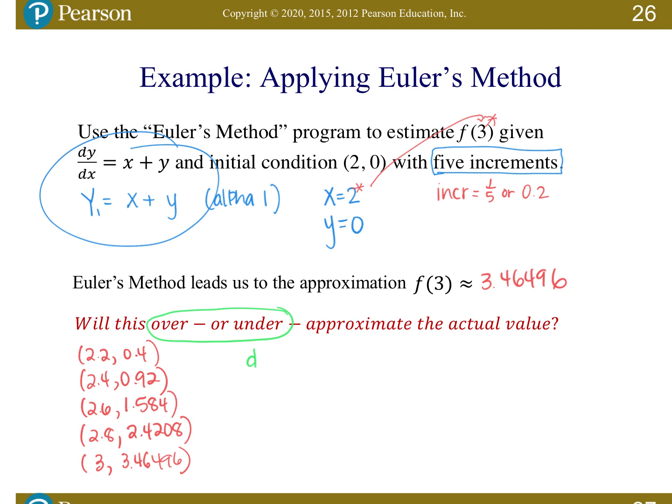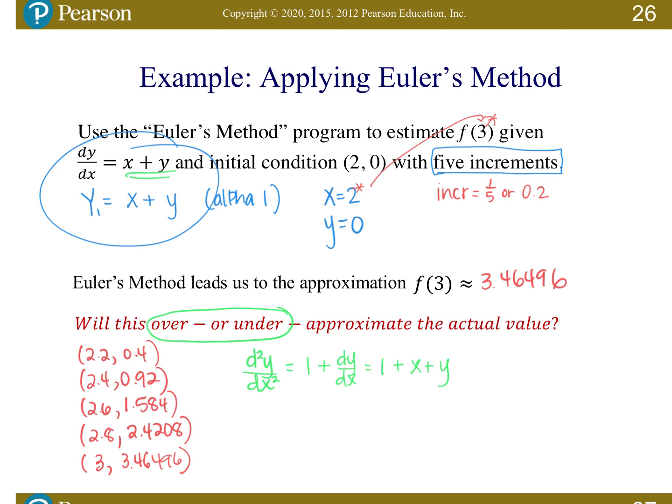So let's think about what the second derivative would be. So the second derivative will be the derivative of what we're working with. So let's look at x plus y. The derivative of x is 1. The derivative of y is dy dx. So this would be 1 plus what dy dx was. So that's my second derivative.